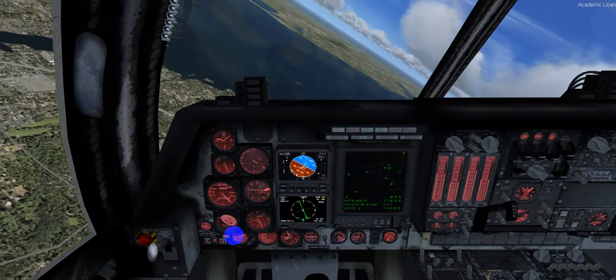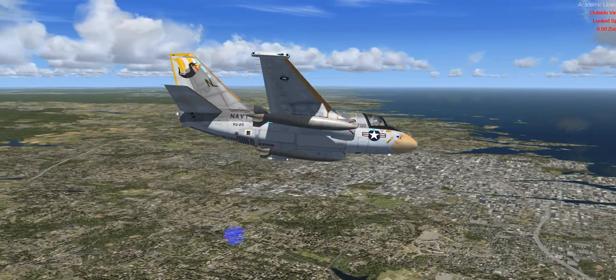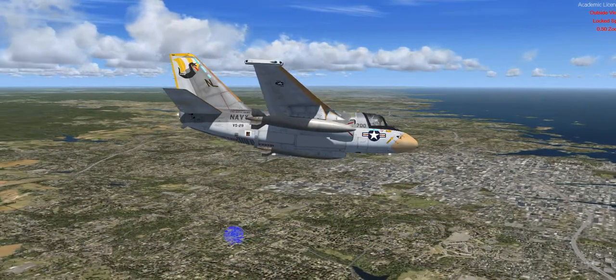Now, for this particular aircraft, let's see what we got here. I saw an airport.